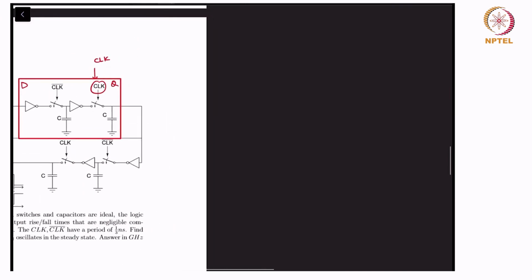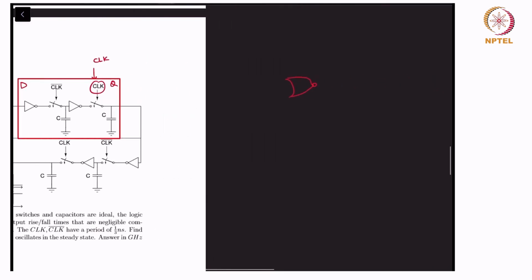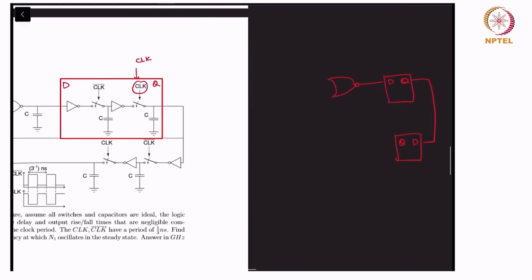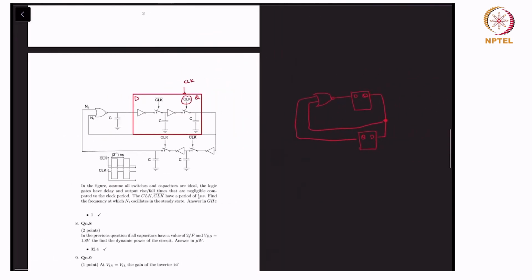So redrawing that figure like that, you can get it as the NOR gate, right, whose one output is the D, Q, right, and then D, Q, right, and then both of these come here, right?